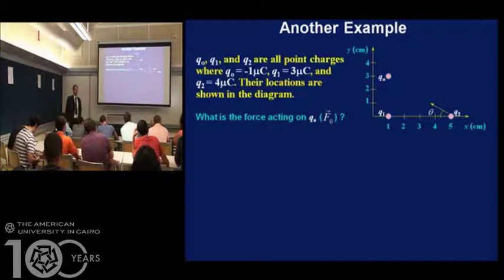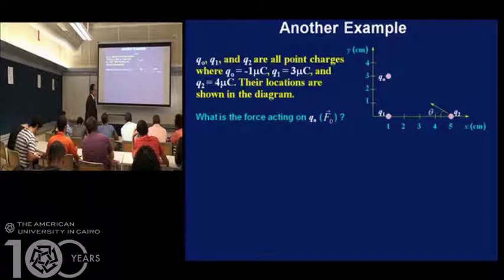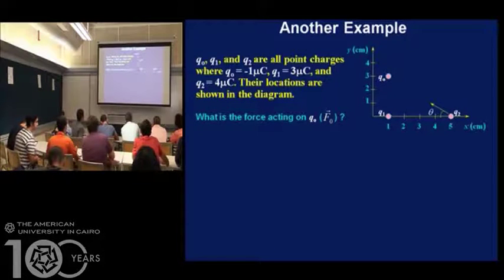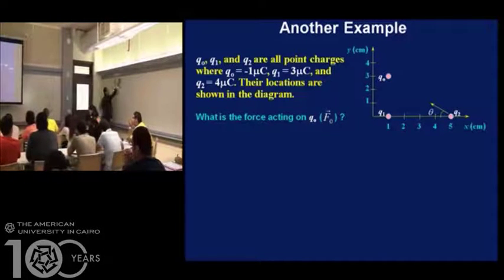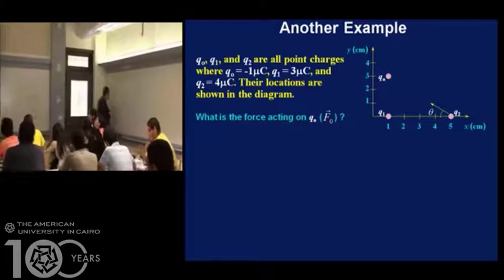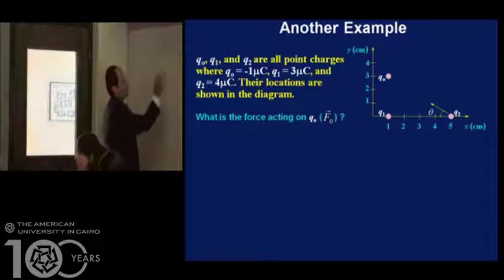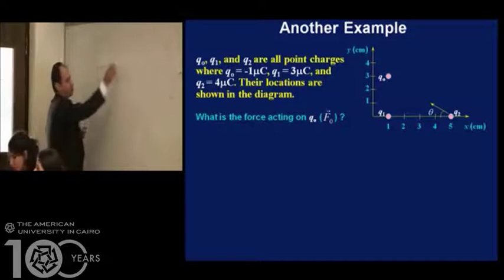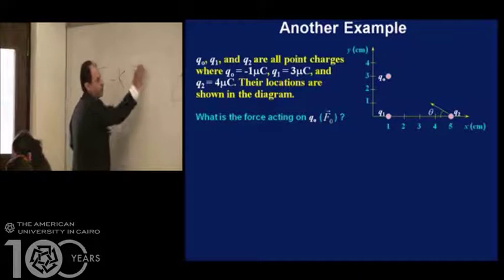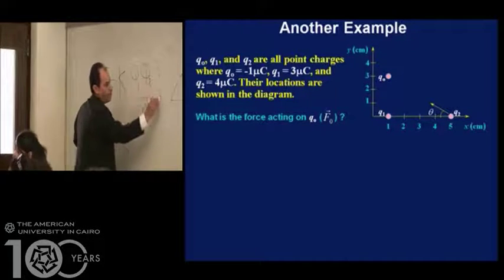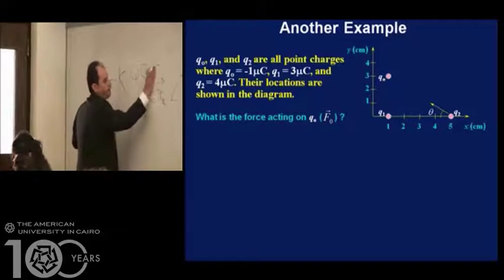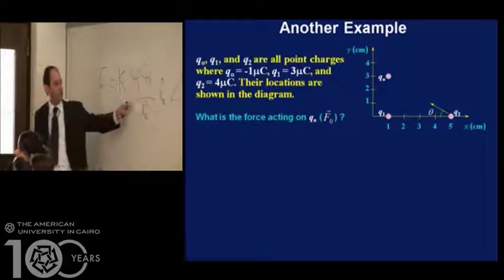Doctor, in this law there is R squared, right? What's R squared? Yeah. Let me write Coulomb's law for you guys on the board. Coulomb's law states that the electrostatic force equals K Q1 Q2 divided by the distance squared, K times Q1 Q2 divided by R12 squared.